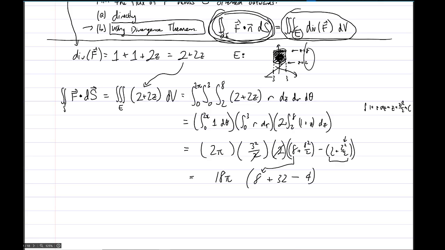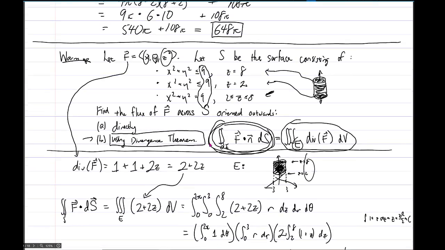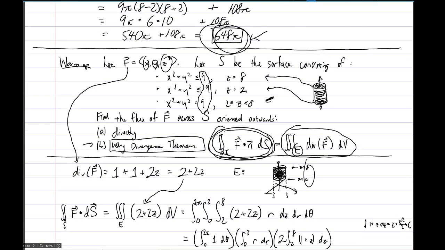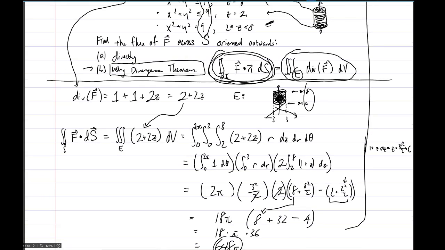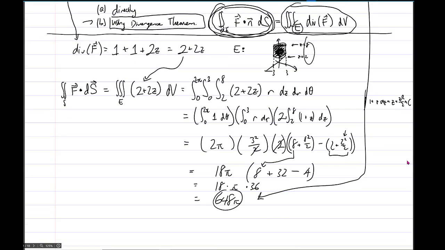Okay, there we go. So this is 18 times pi times what's in parentheses, which ends up being 36, and that ends up being 648 pi, and that number matches the number that was computed right up there. So these, in fact, match the way they should.